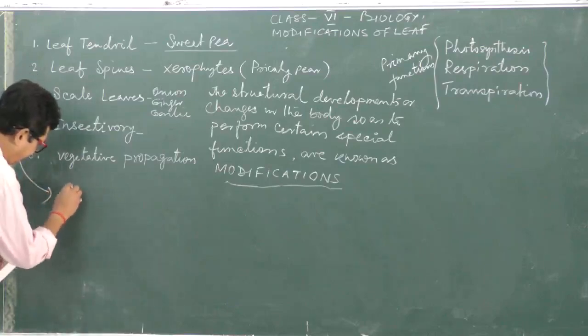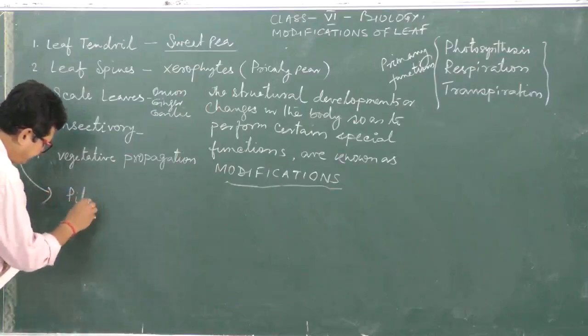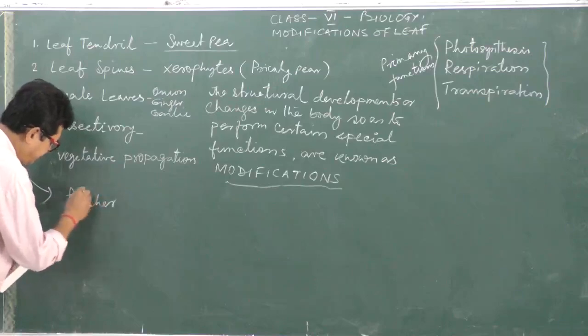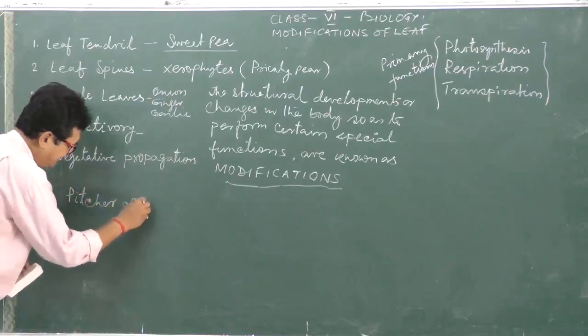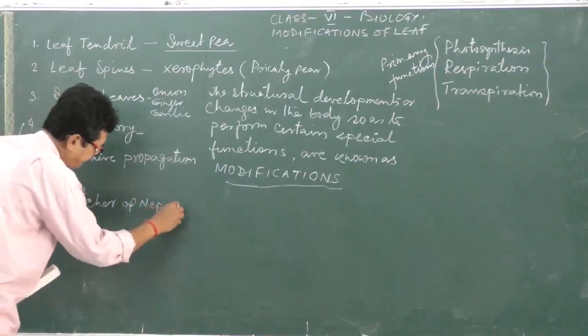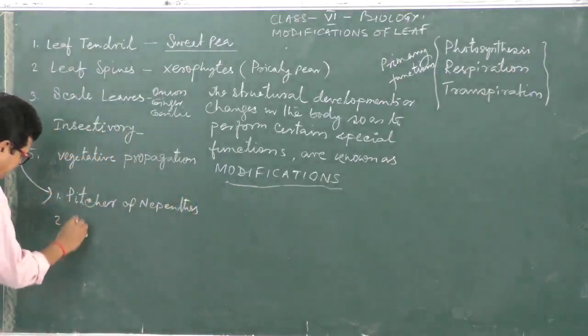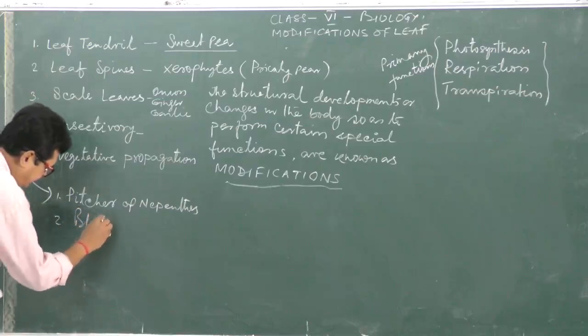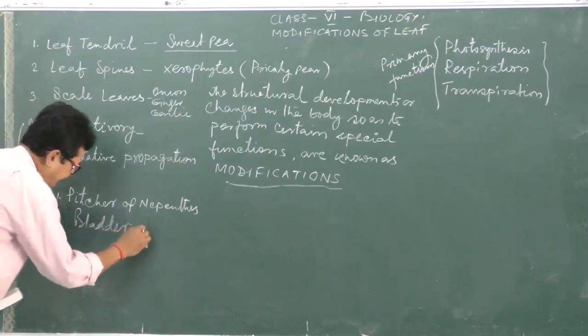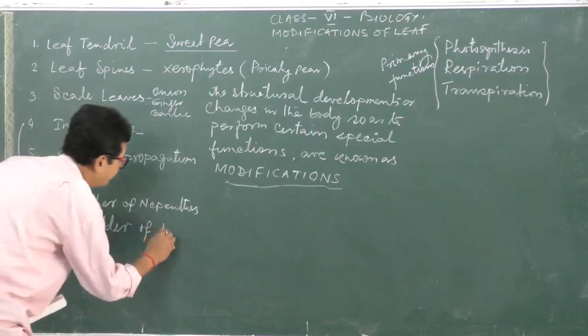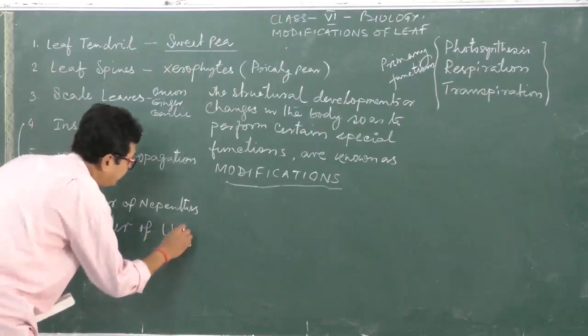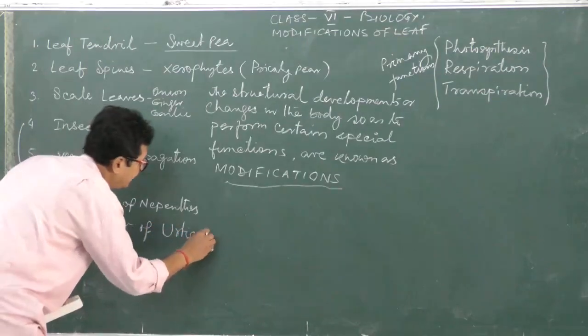Number one is the pitcher of Nepenthes. Bladder of Utricularia.